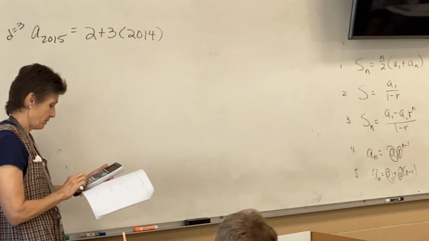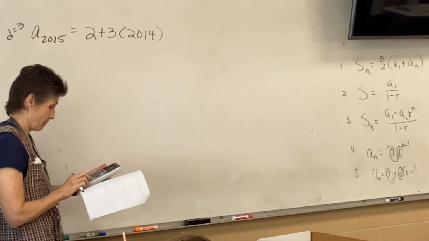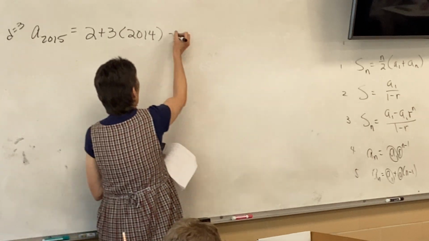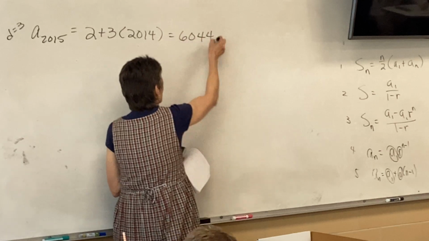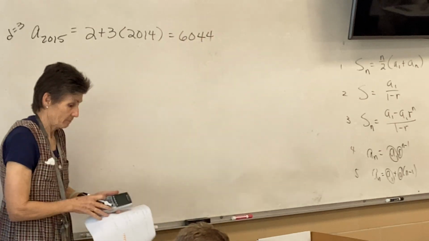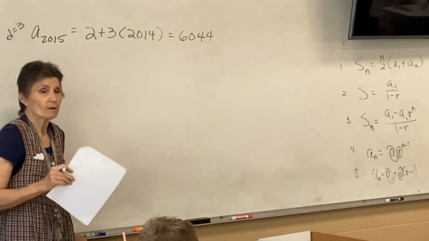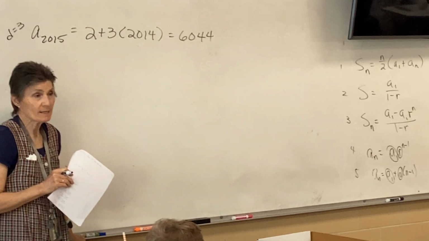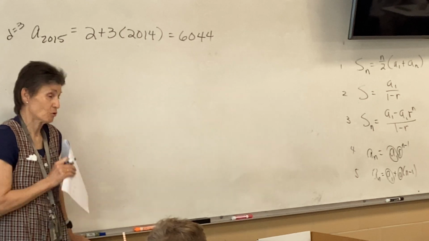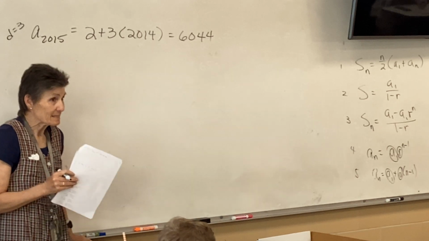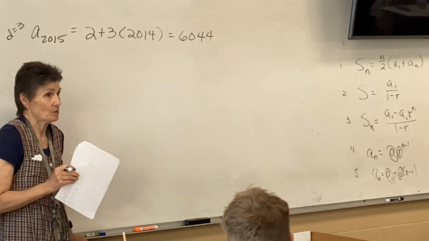And what did you come up with? $6,044, is that what you said, Evan? So what are you struggling with on that problem? Is there anything bothering you about that? Are you okay? It's correct. It's good. Seems easy to me. I want to make sure it seems easy to you.